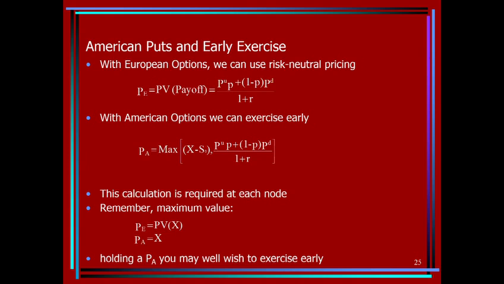Intrinsic value, right? So now you have to compare intrinsic value, which is X minus S, with the discounted expected payoff. Okay? And the greater of the two would then be the value that you're going to take. Now that makes sense, right?